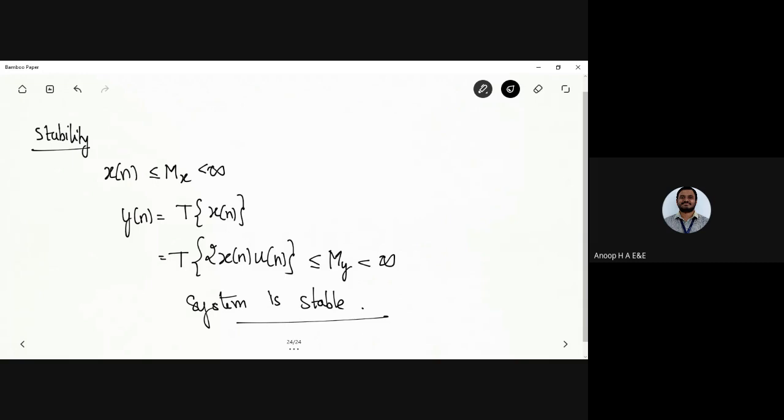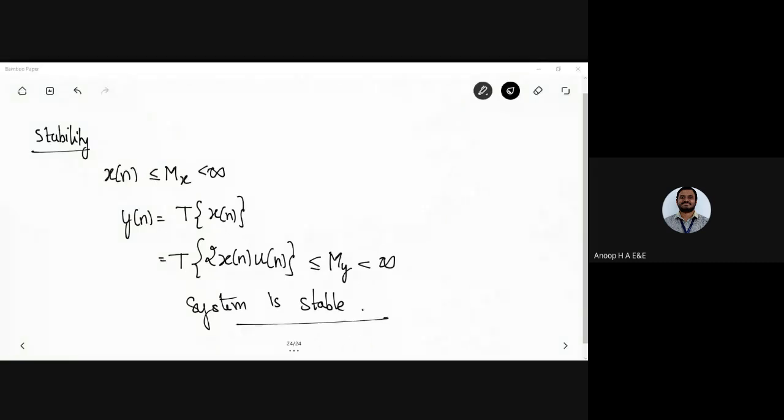There are a few more problems to be discussed, and I'll be sharing the recorded versions of them with you. You can go through them. This is the idea behind it. No matter how many problems I solve, if you don't understand the idea, whether it is a discrete time signal or a continuous time signal, such signals always need to meet the criteria for each and every property.